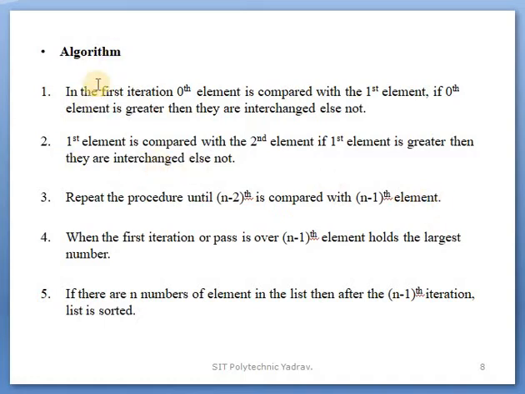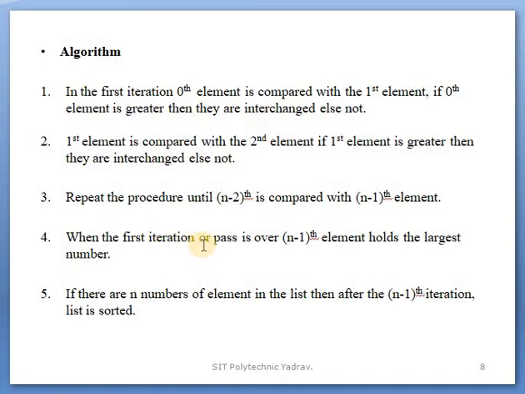In the first iteration, meaning the first pass, the 0th element is compared with the first element. If the 0th element is greater than the first element, then interchange, otherwise not. After that, the first element is compared with the second element. The logic is the same. This procedure repeats up to the last position. N minus 1 is the last position because we start with position 0. So the comparisons go up to n minus 2 with n minus 1, and if n minus 2 is greater, then interchange, otherwise not.